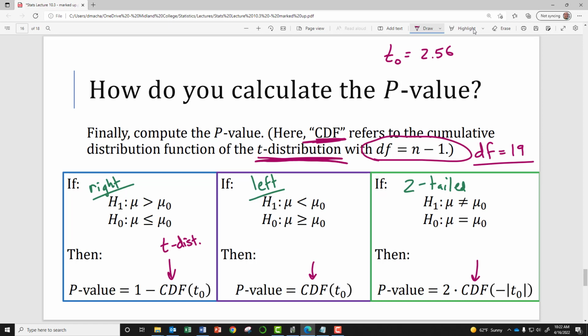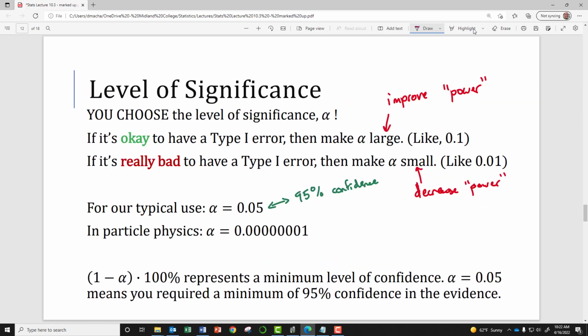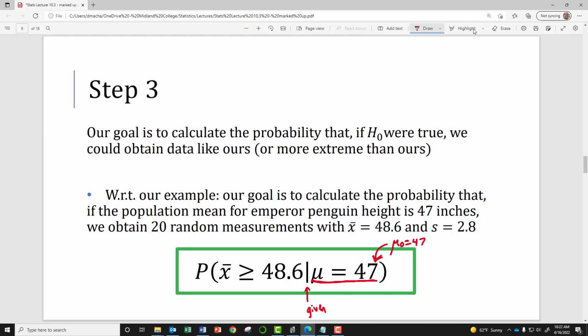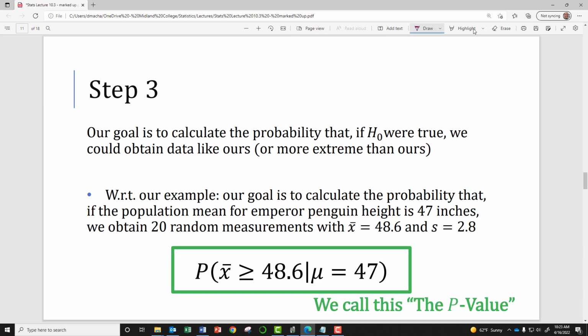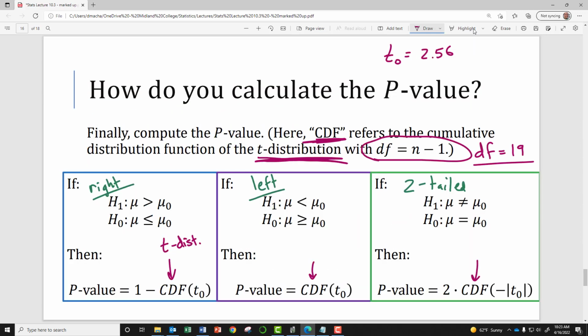Well, I'm hypothesizing, I think, that the height of the emperor penguin is what? My alternative hypothesis is that the average height is taller than 47 inches. And so this is going to be a right-tailed hypothesis test. So my p-value is going to be 1 minus the CDF evaluated at 2.56.